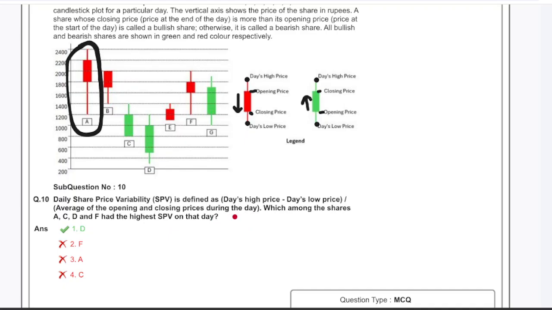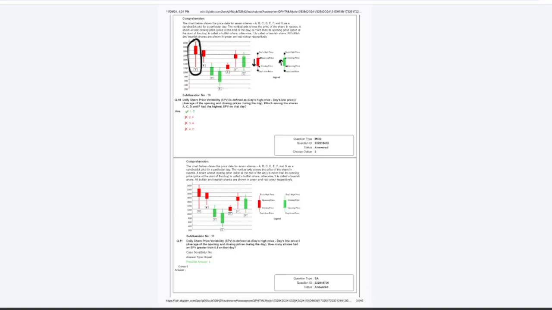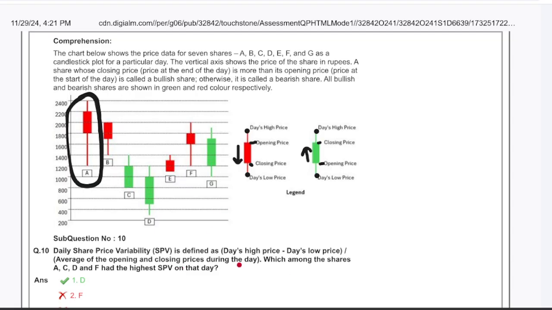Now, that means for A, if I check, first of all, for A, the highest day price was 2400, the lowest was 1200. That means the difference is 1200.